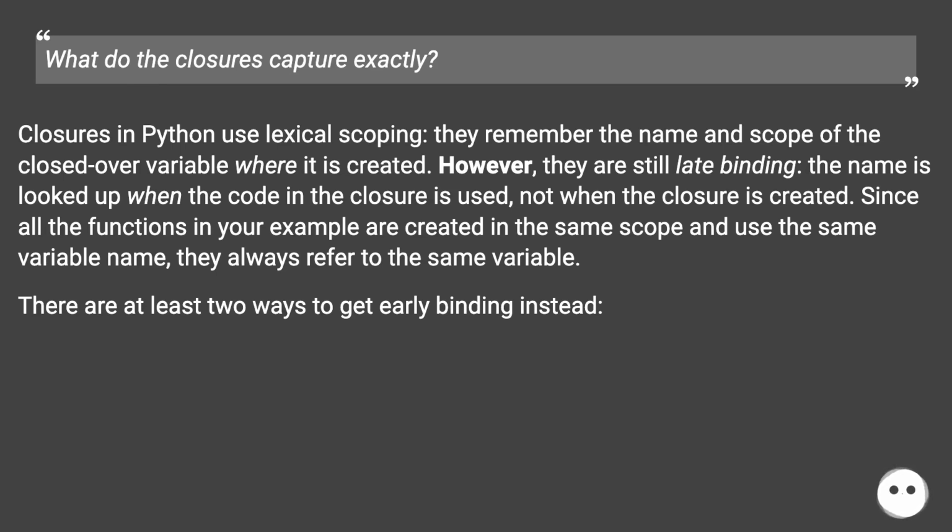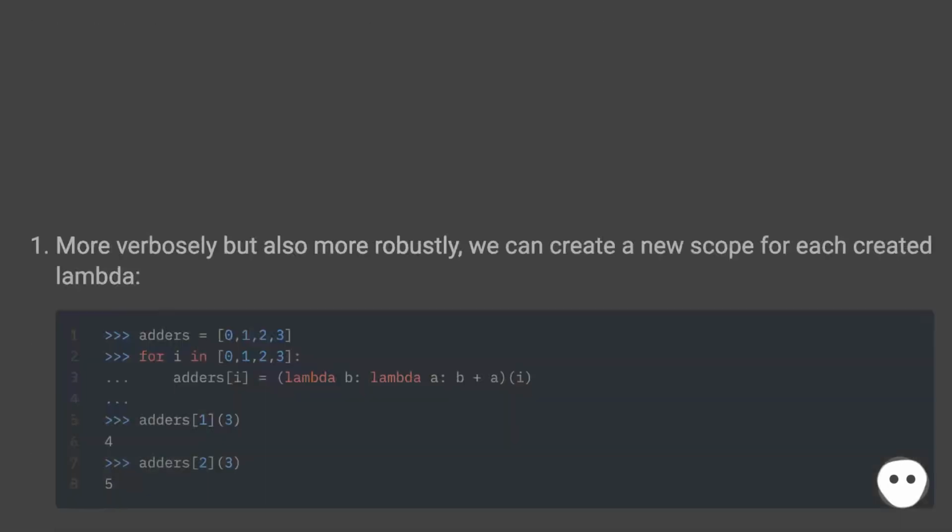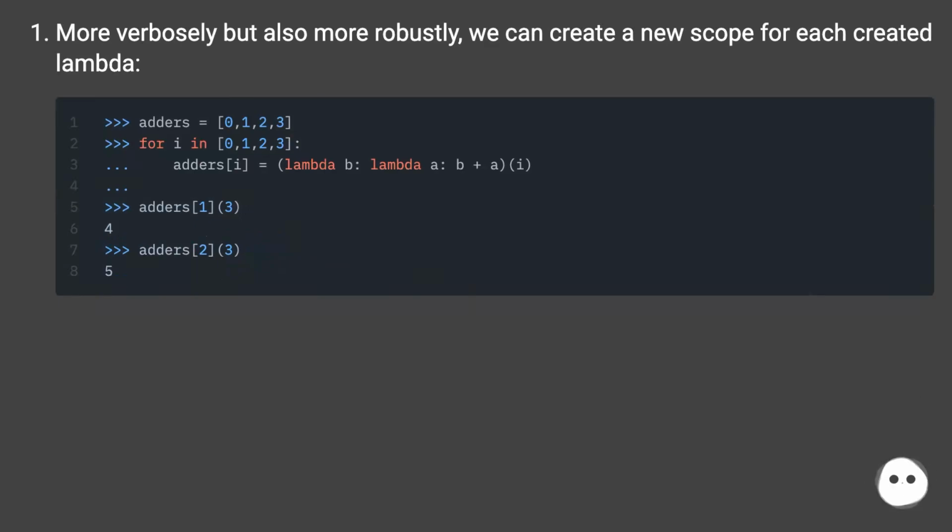There are at least 2 ways to get early binding instead. The most concise, but not strictly equivalent way is the one recommended by Adrien Plisson. Create a lambda with an extra argument and set the extra argument's default value to the object you want preserved. More verbosely but also more robustly, we can create a new scope for each created lambda.